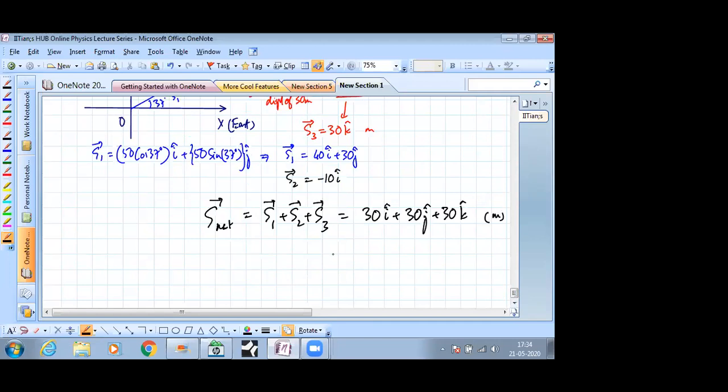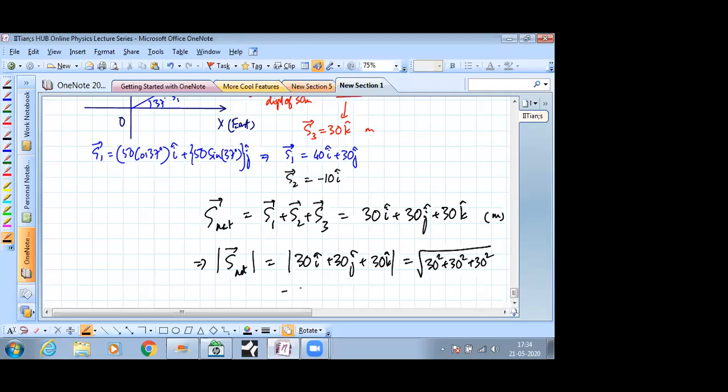Okay. So the magnitude of your net displacement will become magnitude of 30 I plus 30 j cap plus 30 k cap, which by definition you know is root of x component square plus y component square plus z component square. So that becomes 30 root 3 meters. Okay. So this actually tells me that if I were to make a straight line from his starting point till the top of the ladder which he climbed, which is his ending point, then that straight line would be of length how much? 30 root 3 meters.